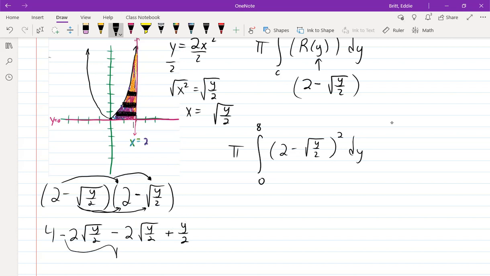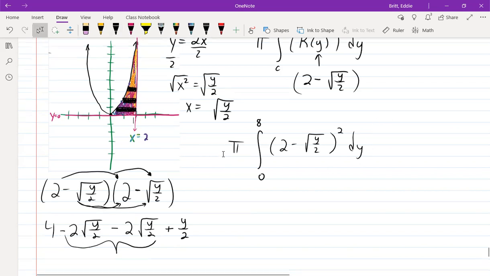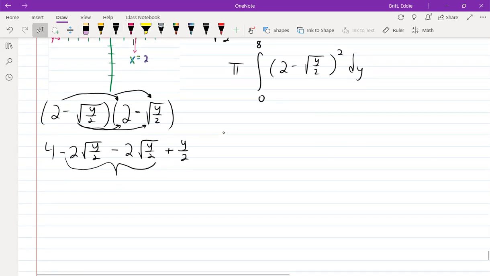Now these are like terms, so we need to put them together. And also remember, if you have the square root of a fraction, you can take the square root of the top, or the numerator, over the square root of the bottom, or the denominator. The reason why I say that is we're going to put these two things together, and we're also going to bring out the denominator since it's a constant.